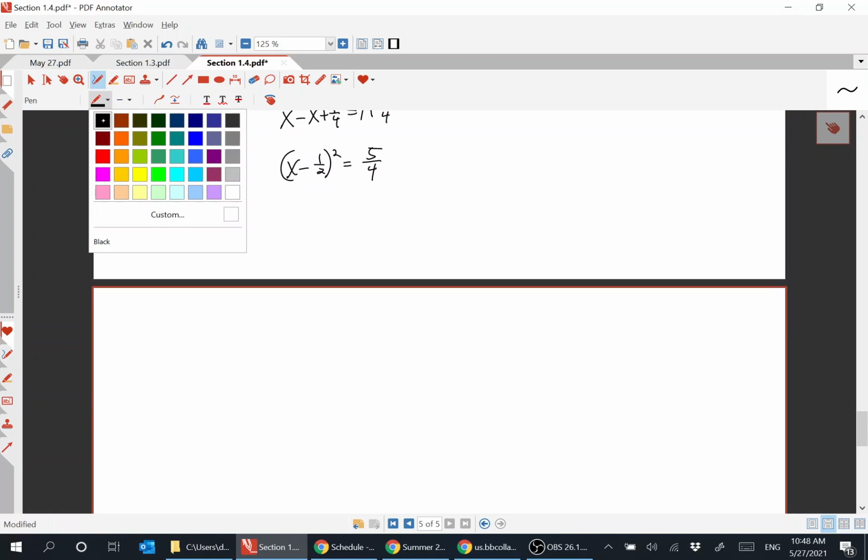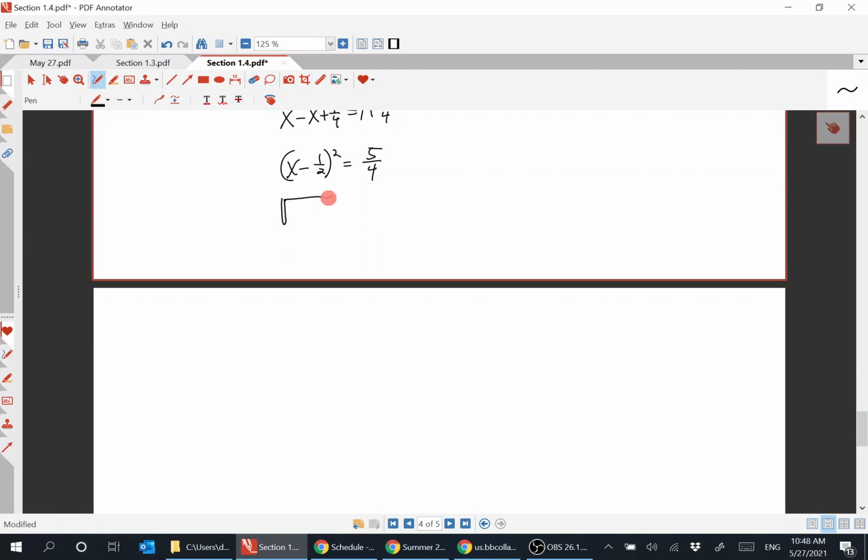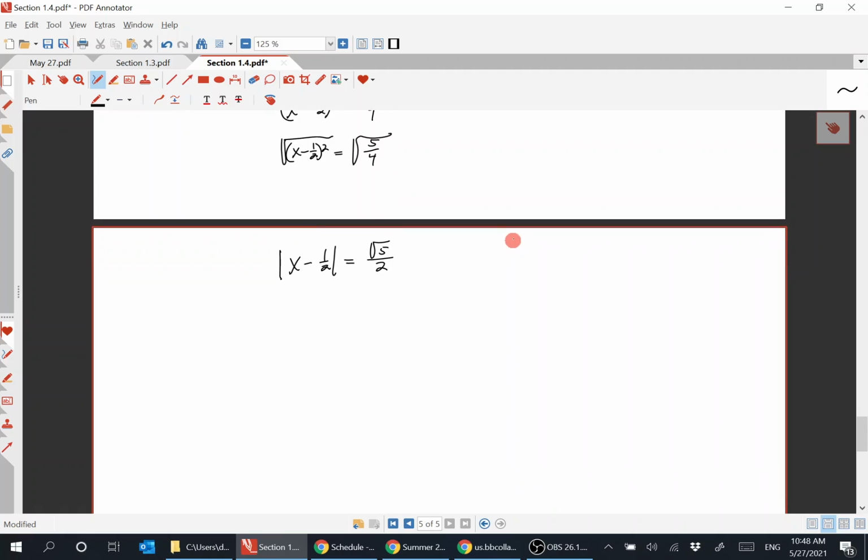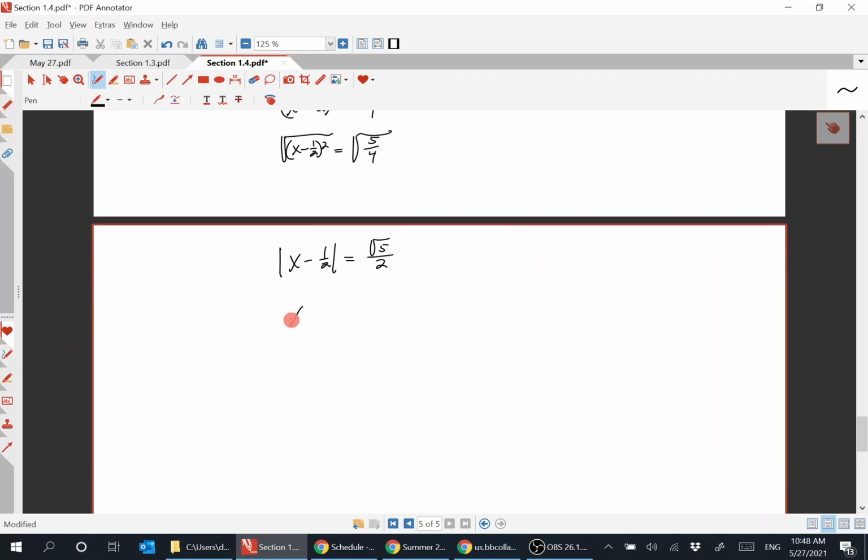Square root on both sides. So I have absolute value x minus a half is equal to root 5 over 2. Get rid of the absolute value by writing x minus a half as positive root 5 over 2 or negative root 5 over 2.